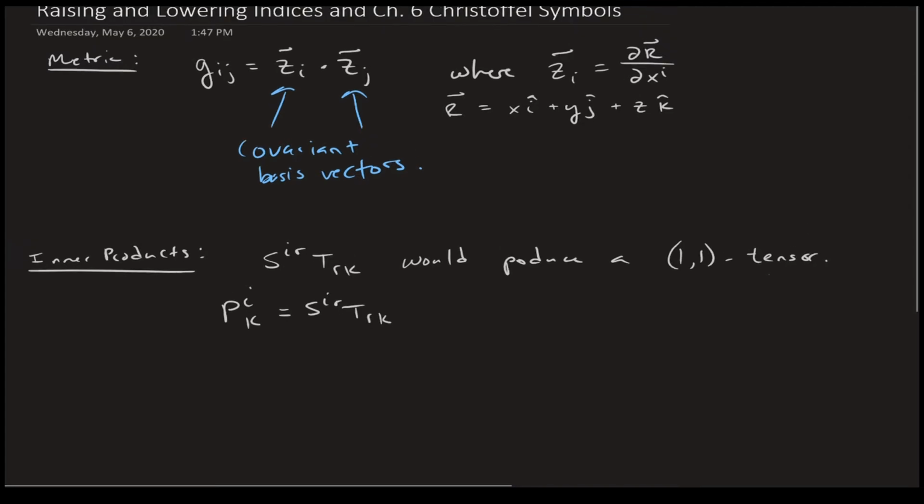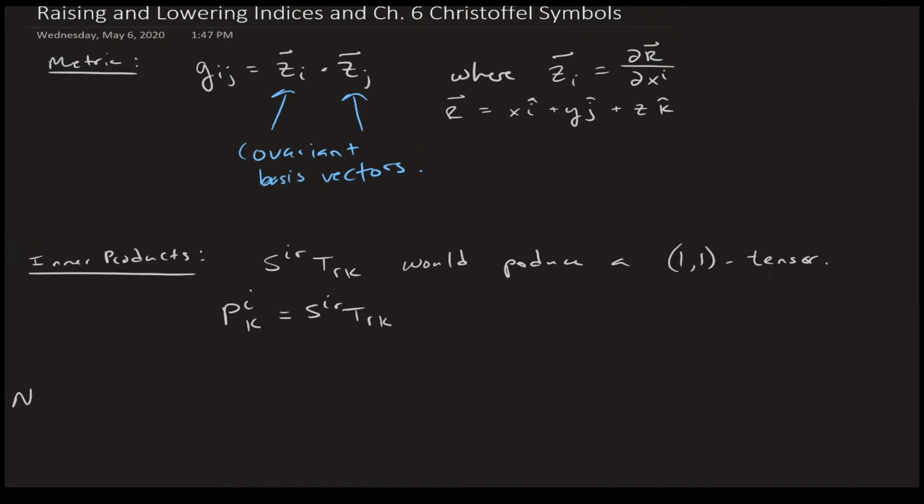So now we can consider some tensor of rank 1, we'll call it Ti up, multiplied by Gij down. This will produce a covector.